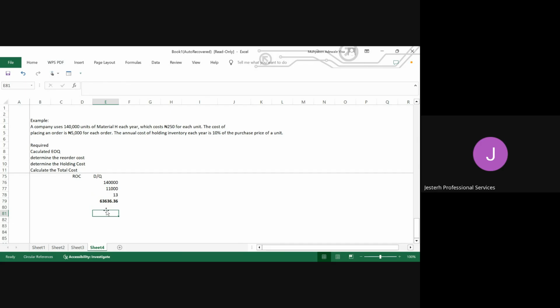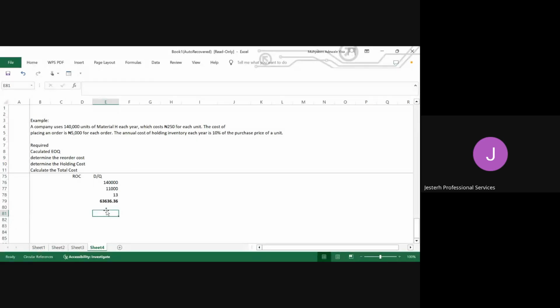Now, one thing that you need to understand about this reorder level cost is that whenever an organization decides to increase the total units they are going to order, the number of orders will reduce. As the number of orders reduces, the cost of placing these orders is also going to reduce.